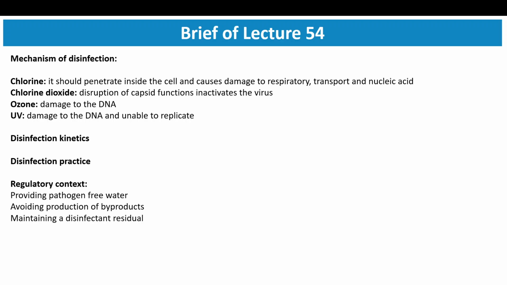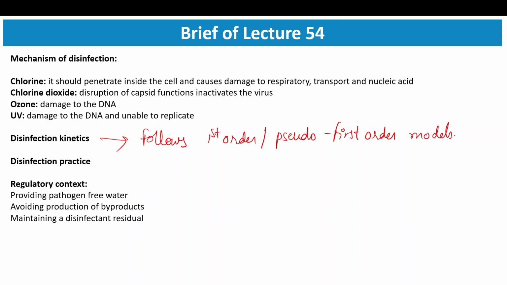Now, kinetics, if you look into, usually this disinfection follows first order or pseudo first order. And depending on various assumptions and various methods, like in the classes for chlorination and for UV, models with different assumptions are derived.